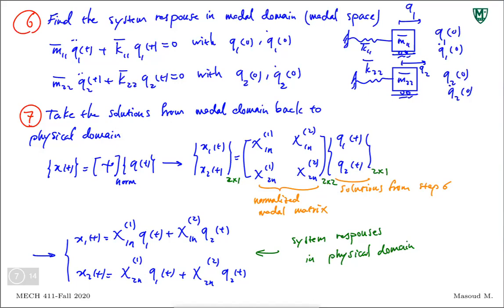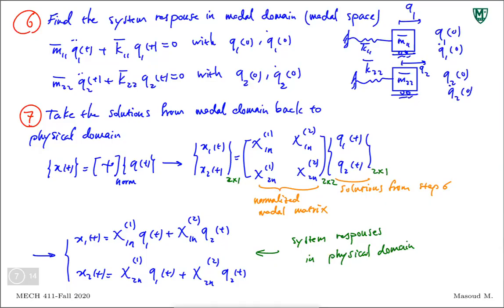The response for mass 2 is also a combination of the response of the first mode and the response of the second mode, each weighted by the component we get from the mode shape.